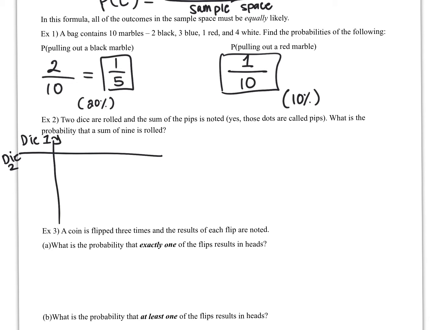So we can get 1, 2, 3, 4, 5, 6. Same thing happens with die 2.